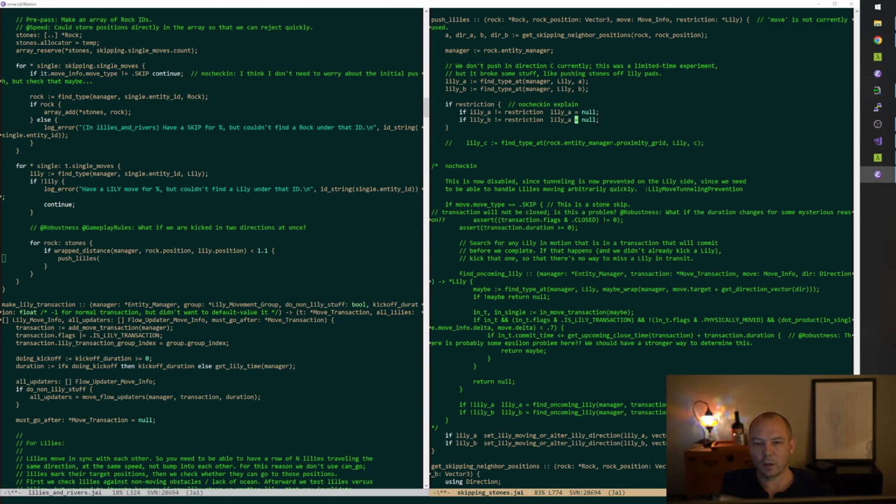So anyway, we're just going to call the code and do the thing. Oh, this is null, so people can call it without it. And we're going to push lilies, rock.position. Fuck. We don't use the move info.